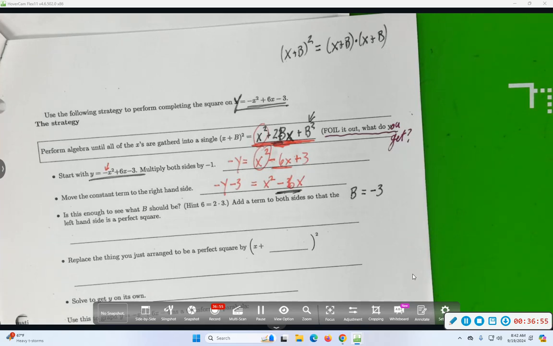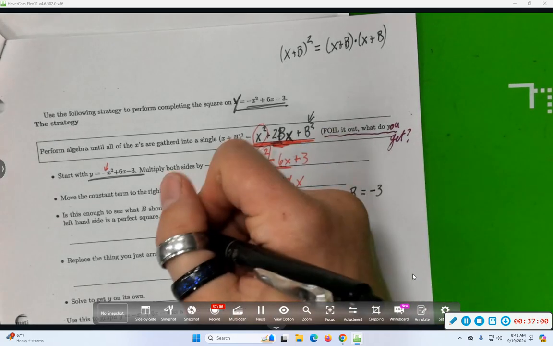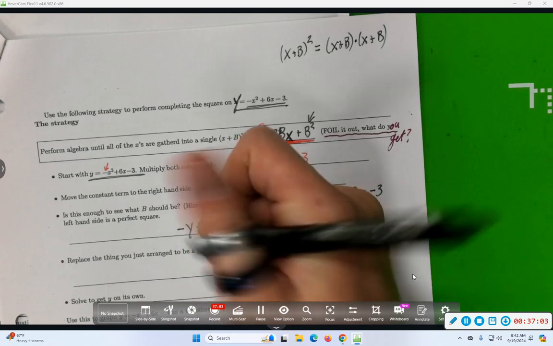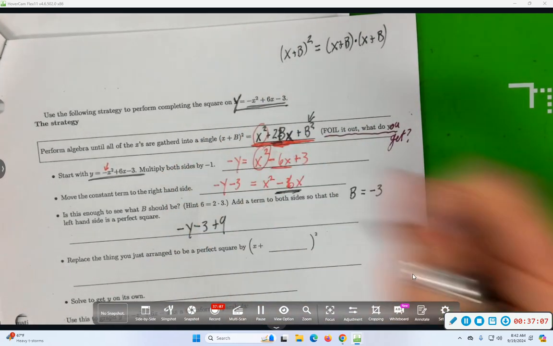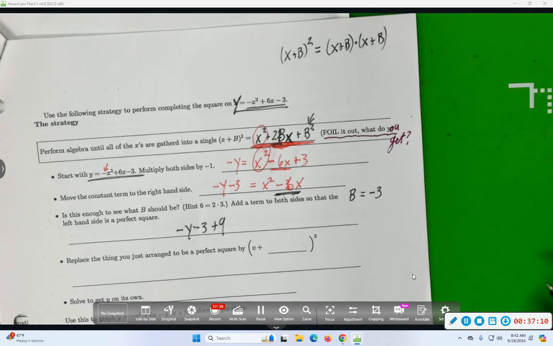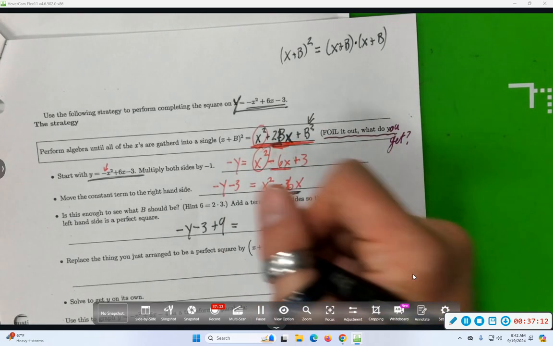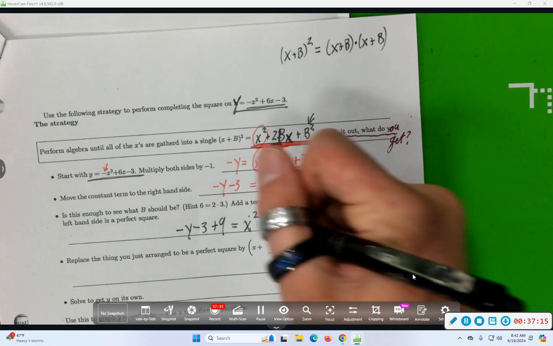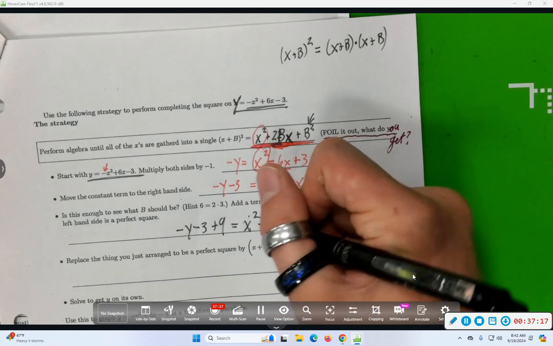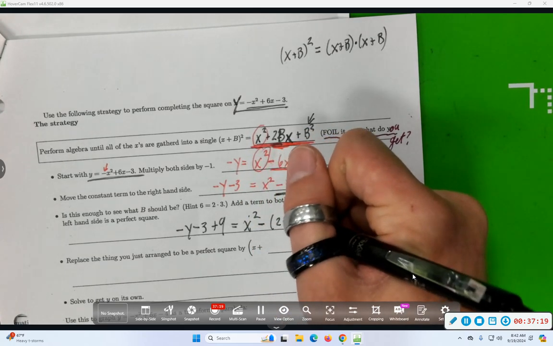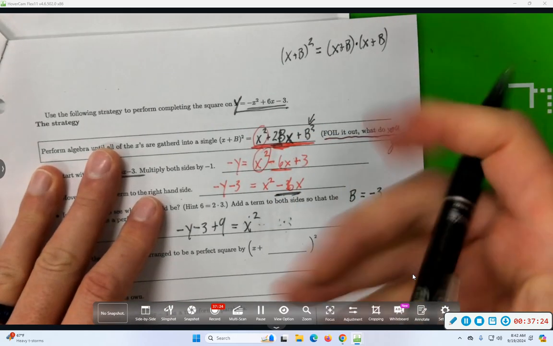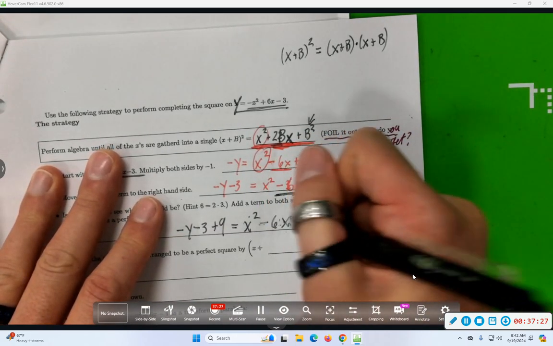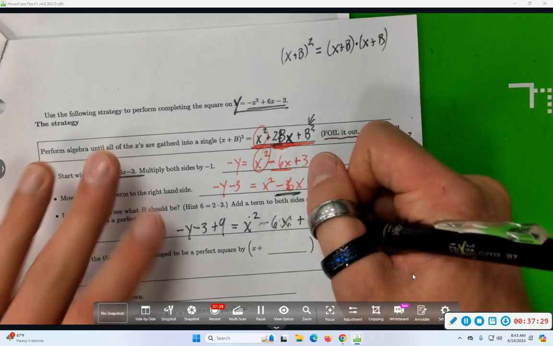I can add 9 to both sides. So let's add 9 to both sides. So minus y minus 3 plus 9, minus 3 plus 9 is 6, but I'll do that in the next step, is equal to x squared minus 2 times 3, yeah, let's leave that as 6, minus 6x plus 9.